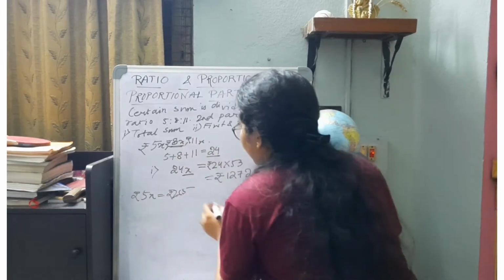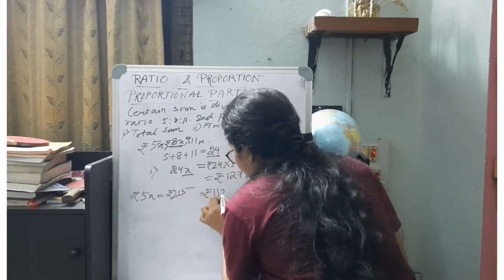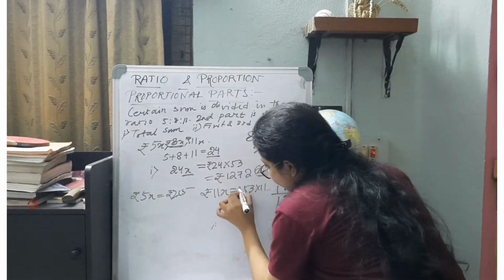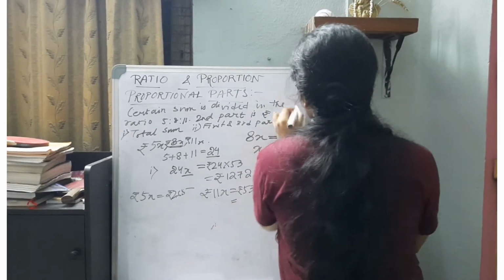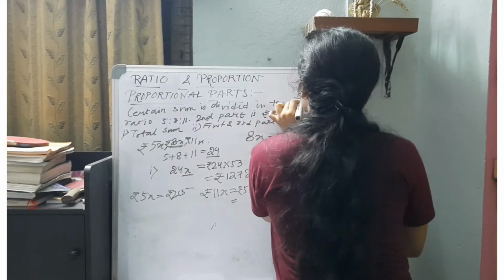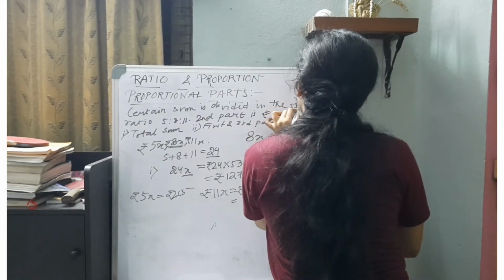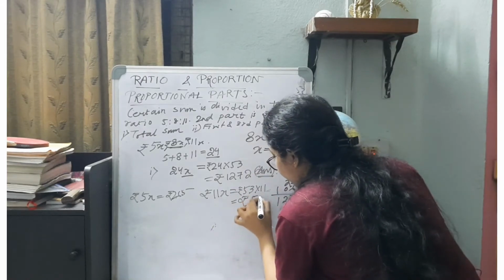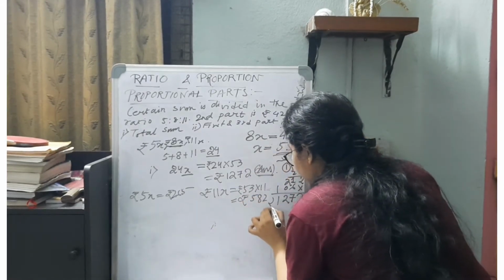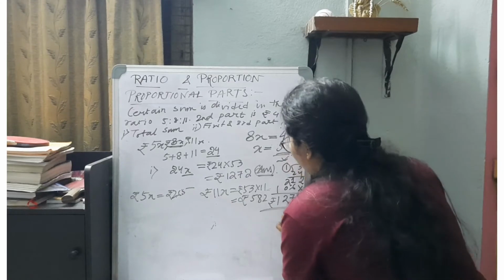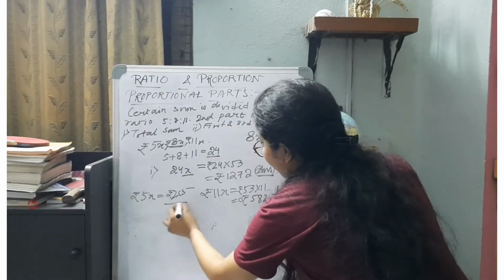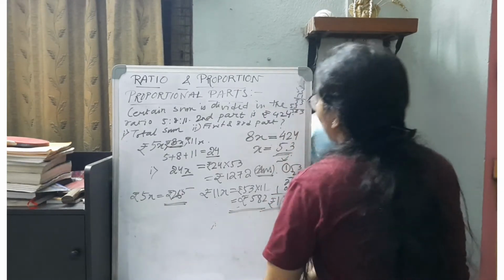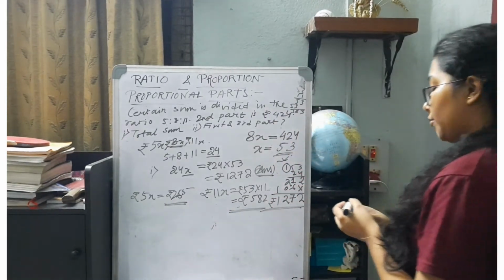And the third part is 11x, that is 53 into 11 rupees, which is rupees 583. So the total sum is 1272. The first part is rupees 265 and the third part is rupees 583.